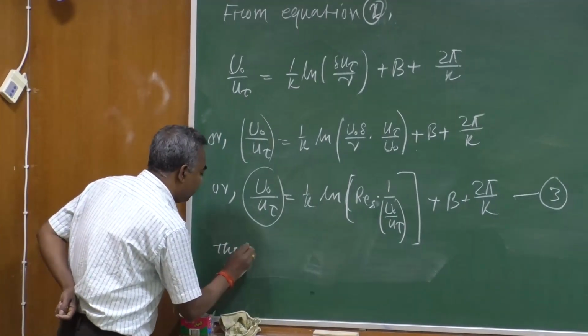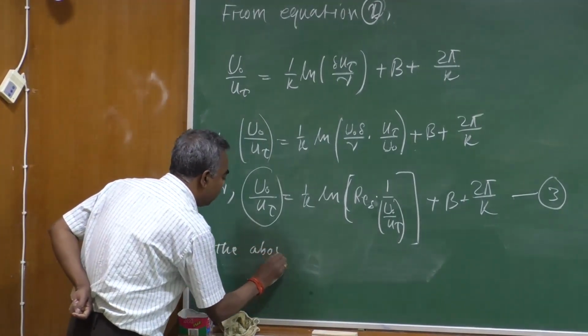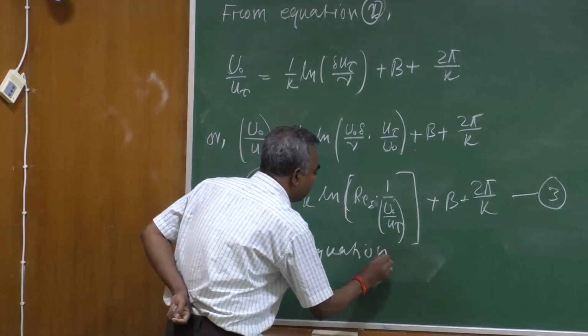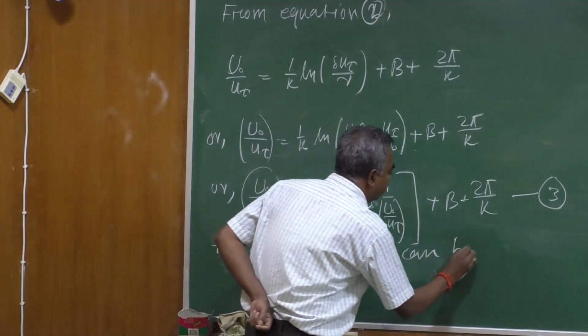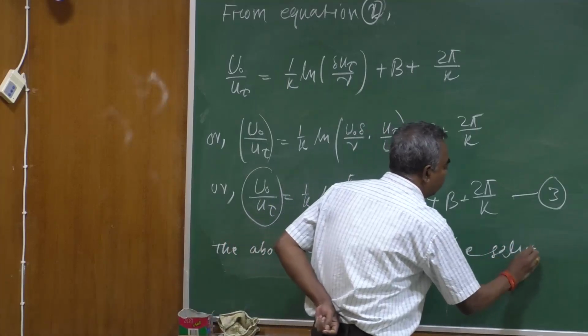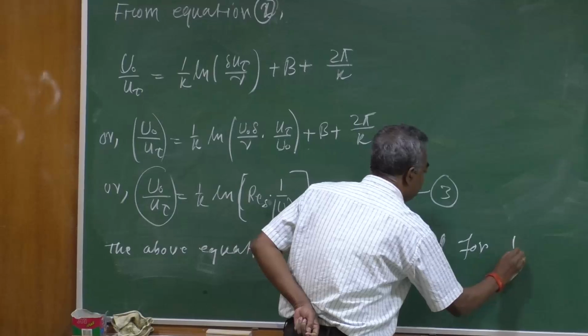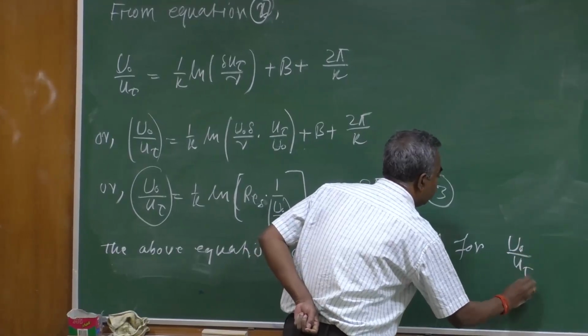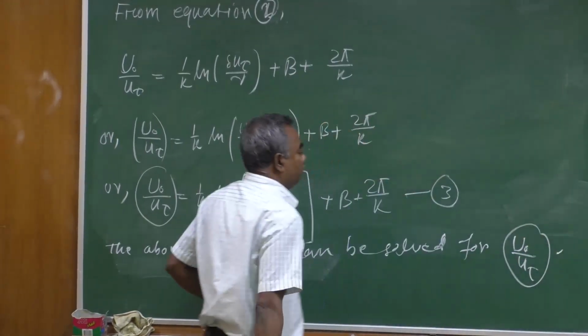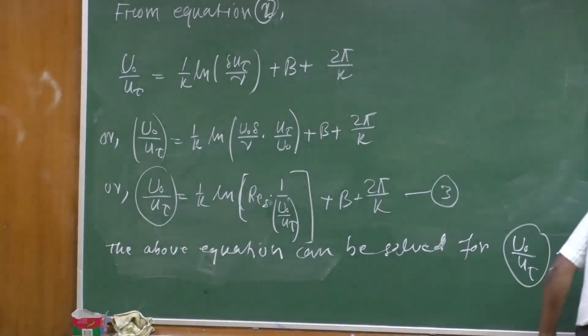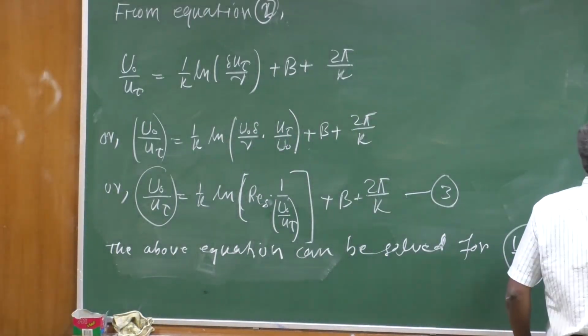The above equation can be solved for u naught by u tau. Okay. So, what is then the benefit of these solutions?